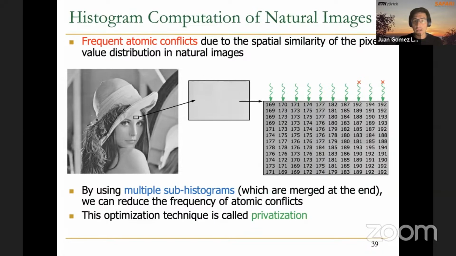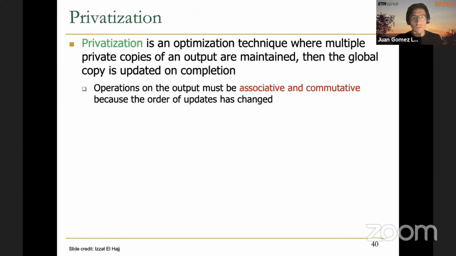When the subhistograms are complete, we will have some procedure to reduce, to merge these different subhistograms and obtain the final histogram. So this is privatization, an optimization technique where multiple private copies of an output are maintained, and then the global copy is updated on completion.